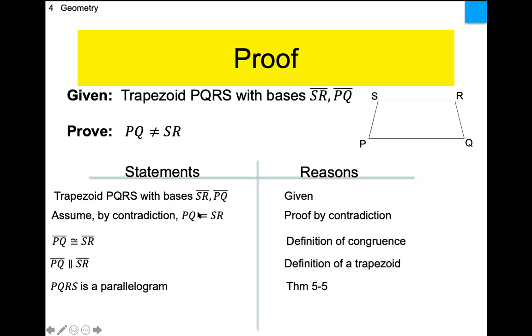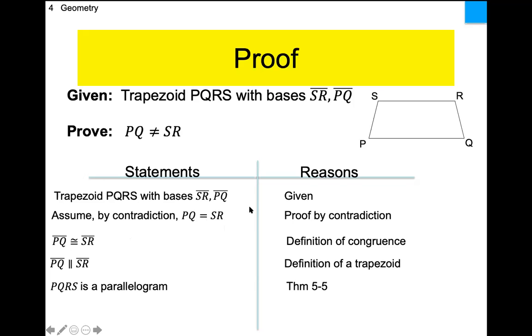Because we were doing a proof by contradiction. We made an assumption about PQ and SR that was faulty. PQ cannot equal SR. We arrived at that contradiction because we assumed that they were equal. And since they were equal, using straight good logic, we figured out that PQRS is a parallelogram. But PQRS is not a parallelogram, it's a trapezoid.